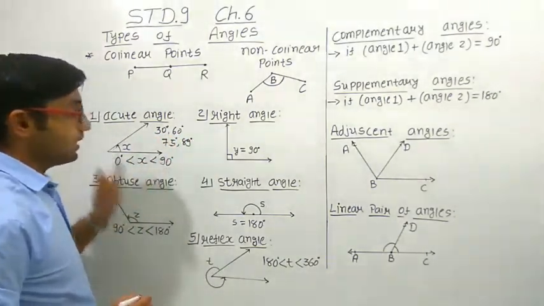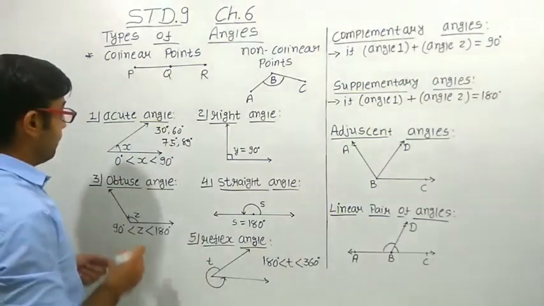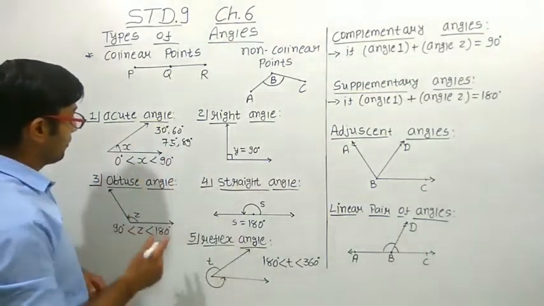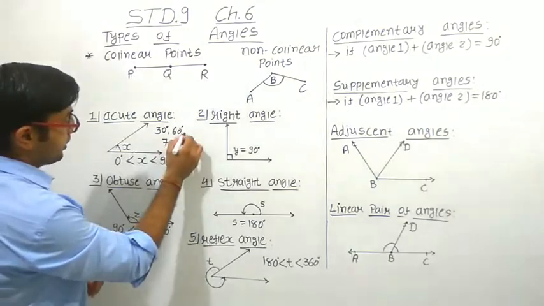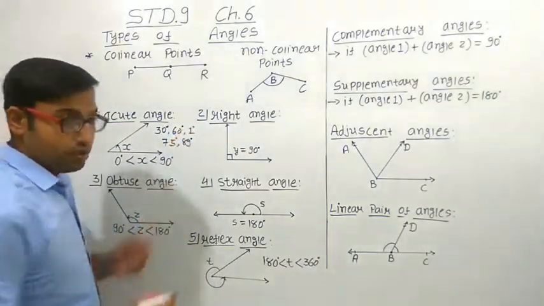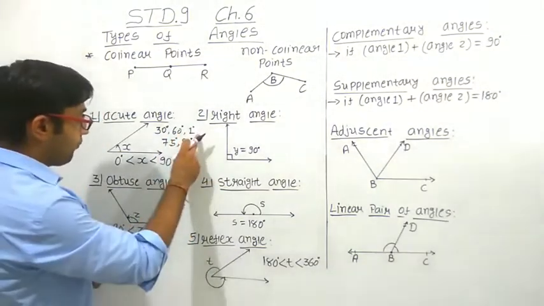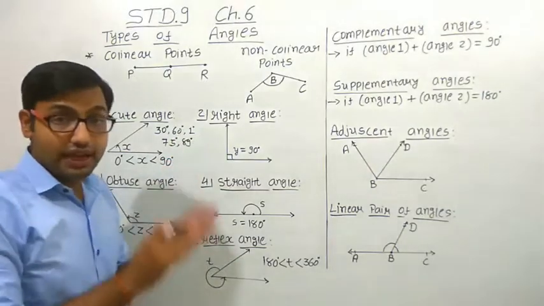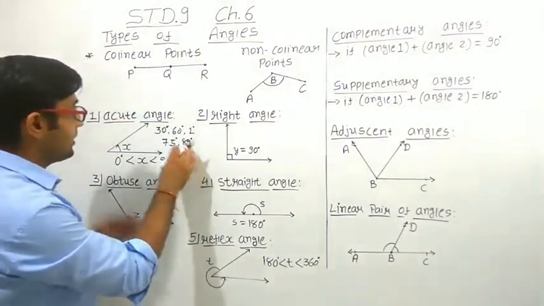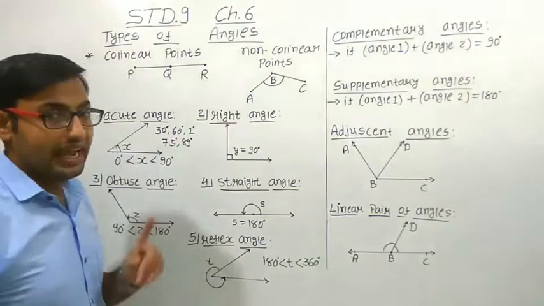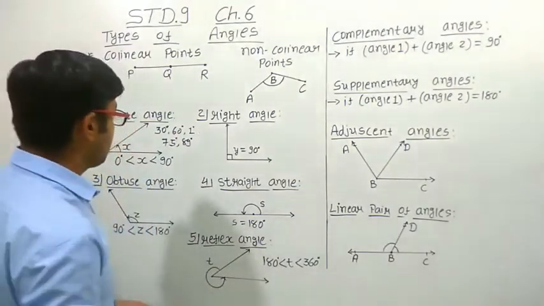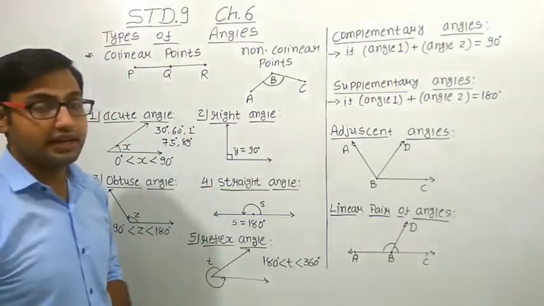But we cannot take 90 degree. We can also take 1 degree because it is greater than 0. So if the angle value is from 1 to 89 degree, then that angle is called an acute angle.